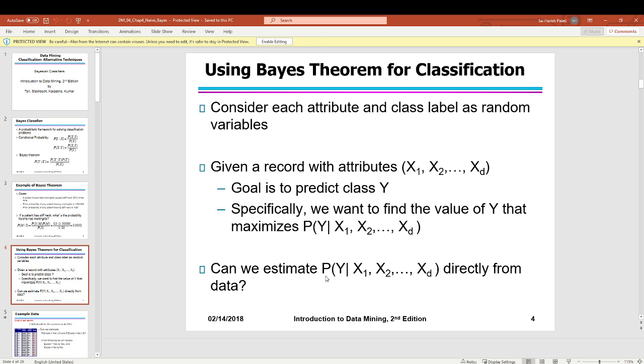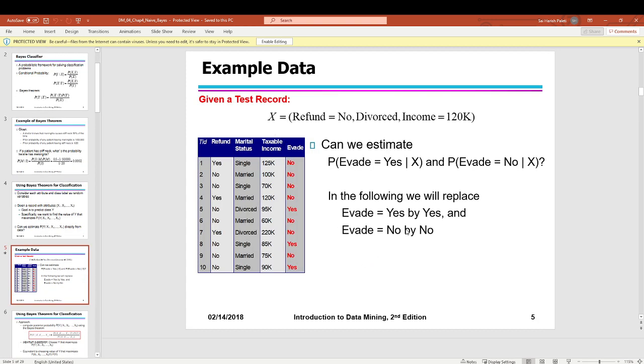So can we estimate the probability of true or false directly from the data? This is the example. We have to get an output for this input x, where refund is equal to no, marital status is divorced, and the income of the person is 120k.